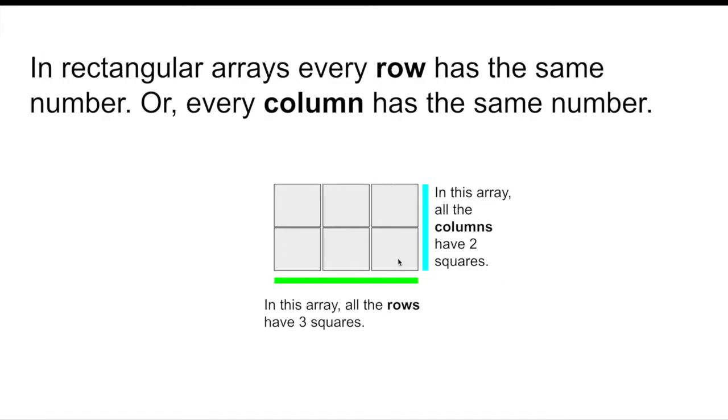Each column is 2 squares tall. 1, 2. 1, 2, and 1, 2. If you have an extra, it is not a rectangular array. For it to count as an array and to work for our math problems, you have to have the same number in each row and the same number in each column.